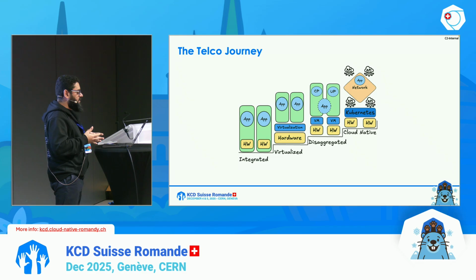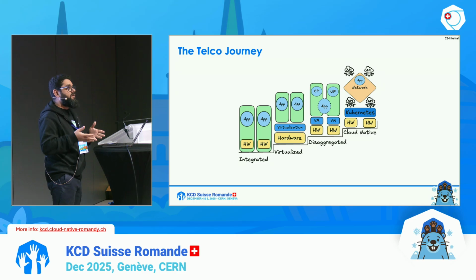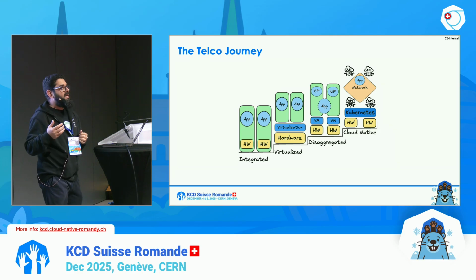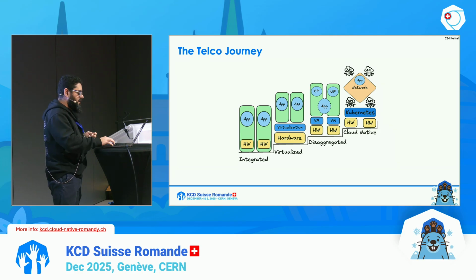Most importantly, this change also changes the failure model. So we rely on orchestration and reconciliation instead of manual lifecycle management. And this is the shift that enables us to scale operations massively.